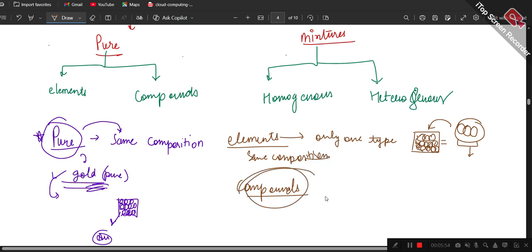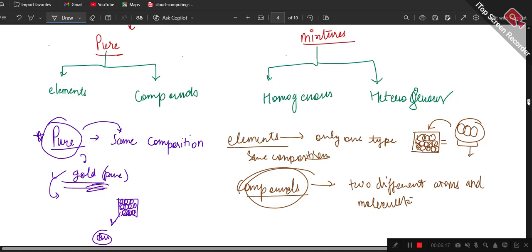When we talk about compounds, the compounds are made up of two different types of pure atoms and molecules that are pure within themselves.